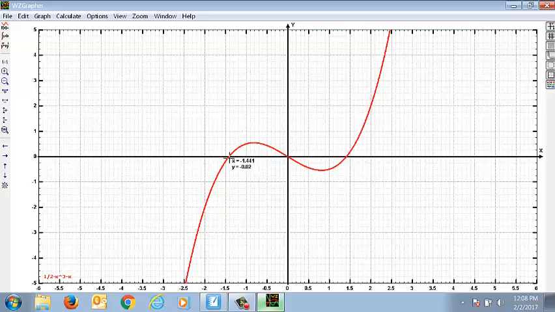And we have 1, 2, 3 x-intercepts. One is at 0. The other one is at 1.431. And if you take the square root of 2, you'll find out it's 1.4 something. And then here's the positive square root of 2.